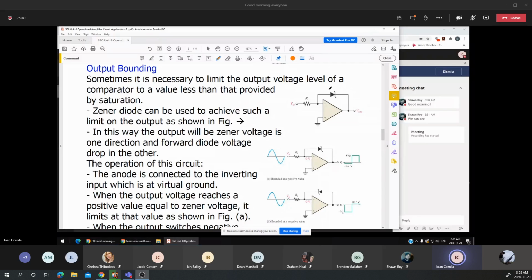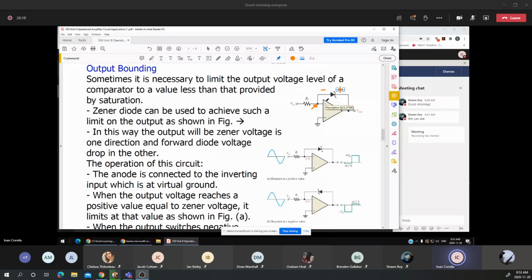Again, what a Zener diode does is limit the amplitude or level of the output voltage. Remember that the Zener diode works when the positive is applied on the cathode and the negative is applied on the anode. But remember that we talk about the virtual zero level at the inverting input of the op amp, because the other input is grounded.